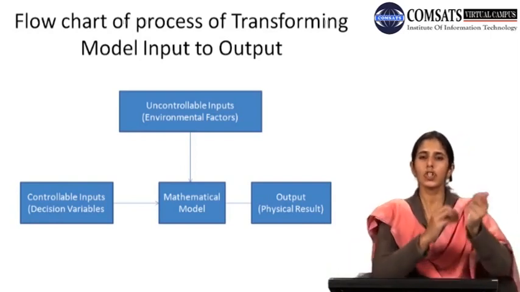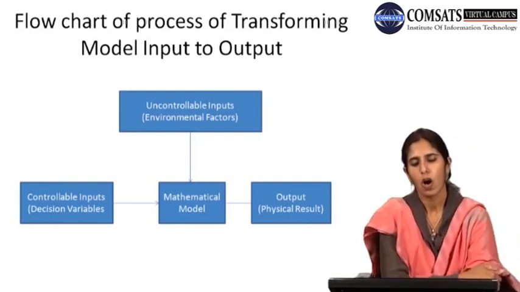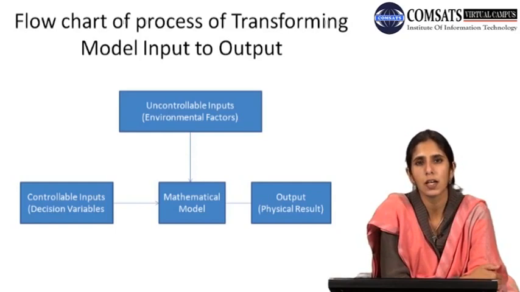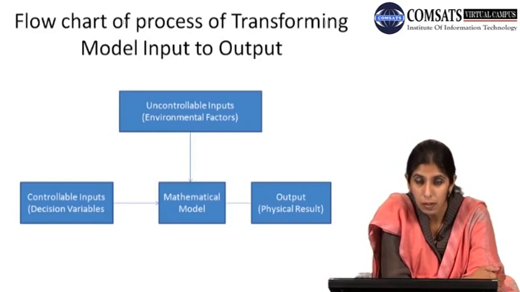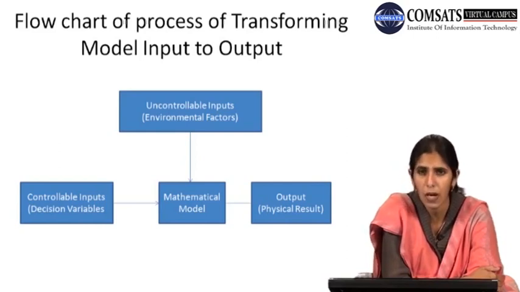But a model should be a true picture of what is under an organization's control and what is not under the organization's control. So basically we talk about two factors. One is the controllable factor and the other is the uncontrollable factor. On the basis of controllable factors, we control the uncontrollables, like the uncontrollables of the environment.